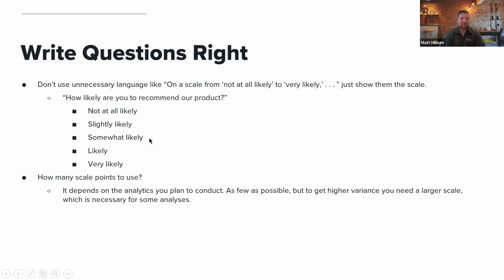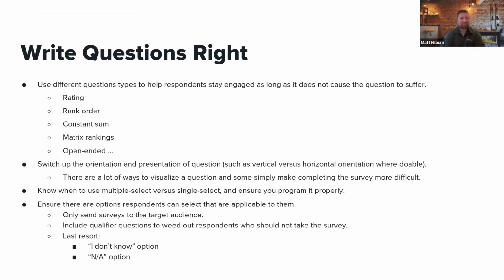If you're really just trying to get a quick, minimal pulse on this, maybe you could do 3. They're either not likely, they're neutral, or they're likely. So it's all dependent on what you plan to do with the data, which is why you need to have your analysis plan before you finish your survey.